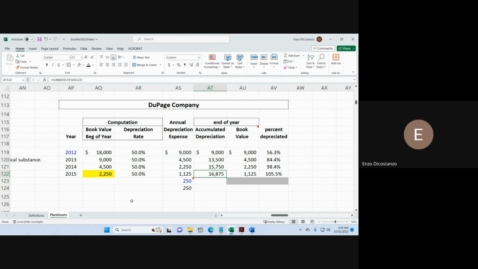So how much over are you? Yeah, you're 875 over. Right. So instead of that, what you would do here equals sum, all those, comma, the 250. There it is. There's just 16.